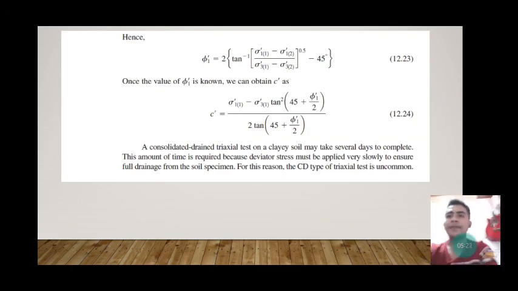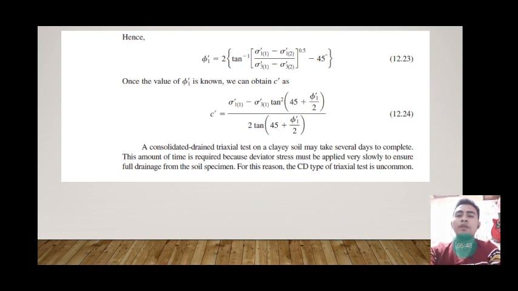Hence, the angle of internal friction is equal to 2 times tan inverse of the quantity sigma 1 prime 1 minus sigma 1 prime 2 over sigma 3 prime 1 minus sigma 3 prime 2, to the power of 0.5, minus 45 degrees.